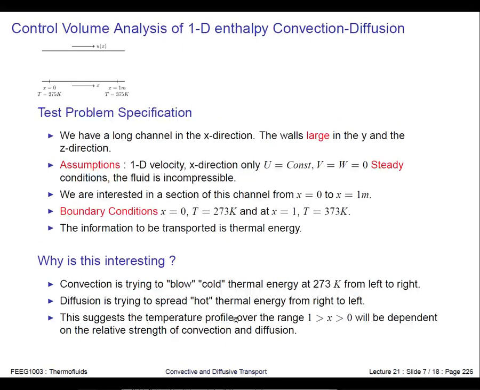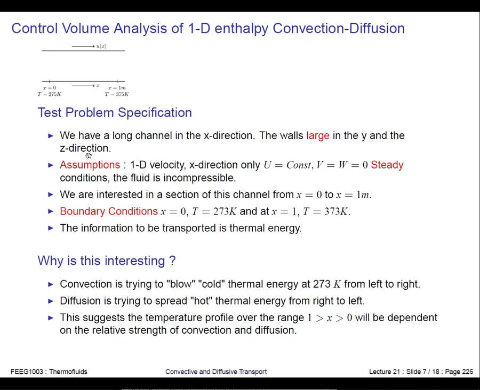Okay, so now we're going to start thinking about how we write conservation of energy in a convection diffusion problem. We're going to have a very simple problem, and we're going to write a conservation equation for a control volume in this problem.